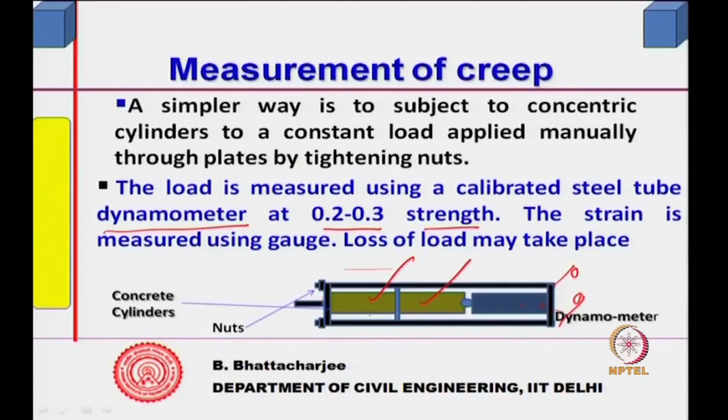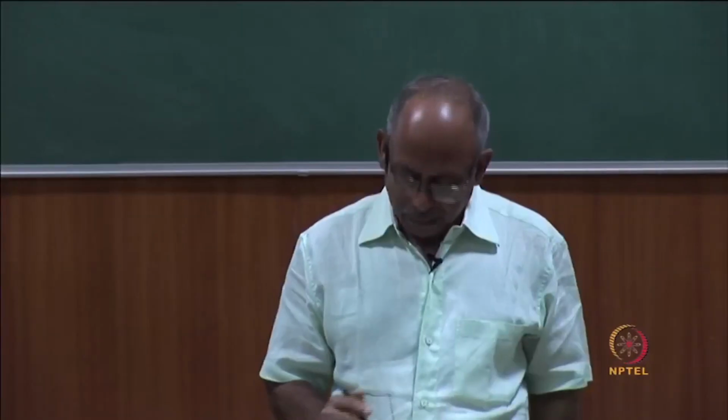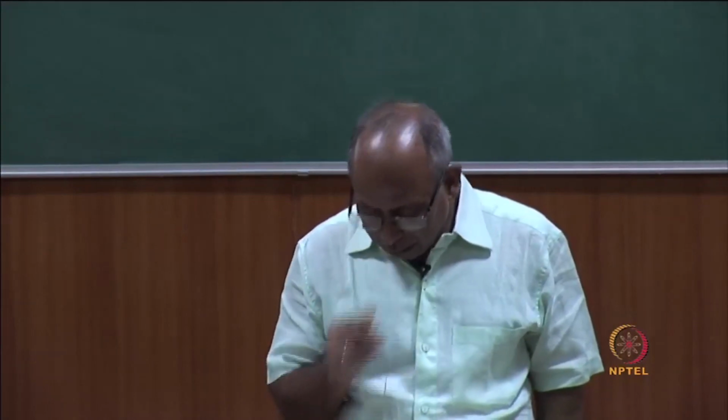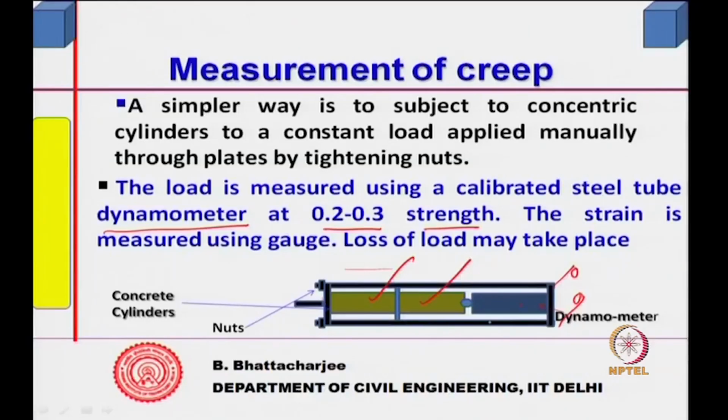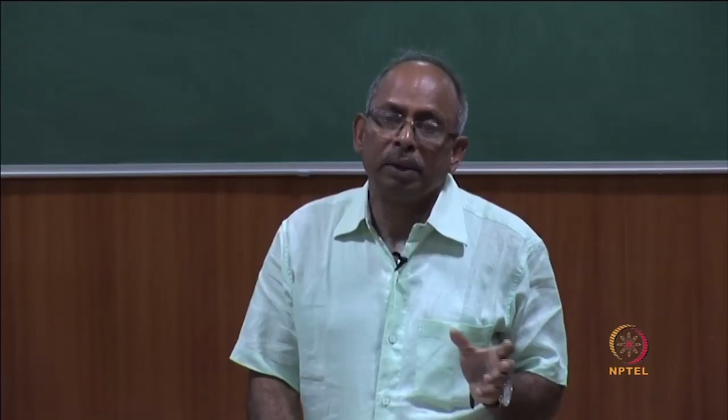So, as you tighten this, this will be stressed. It is stressed to around 20 to 30% of the strength, and then you allow the deformation to occur, and you can measure this deformation again by putting DEMEC gauges here. The dynamometer is essentially for measuring the force, the load or the stress.